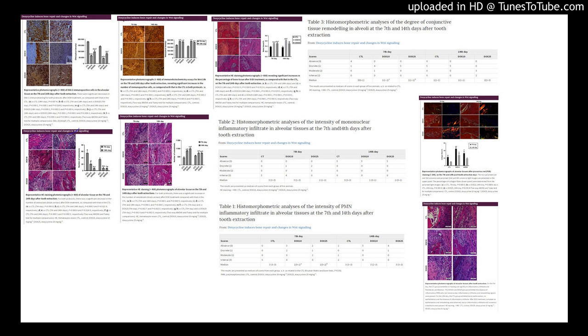G, H, versus CTL, 7th and 14th days, and I, versus DOX25, 14th day, P=0.0001, P=0.0001, P=0.0193, respectively. J, K, versus CTL, 7th and 14th days, P=0.0081, P=0.0030, respectively.